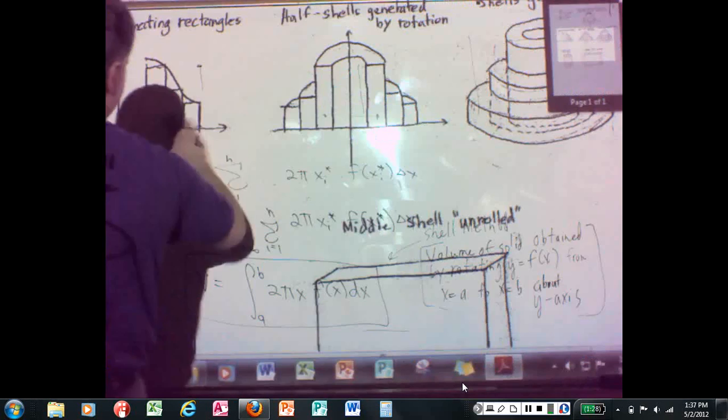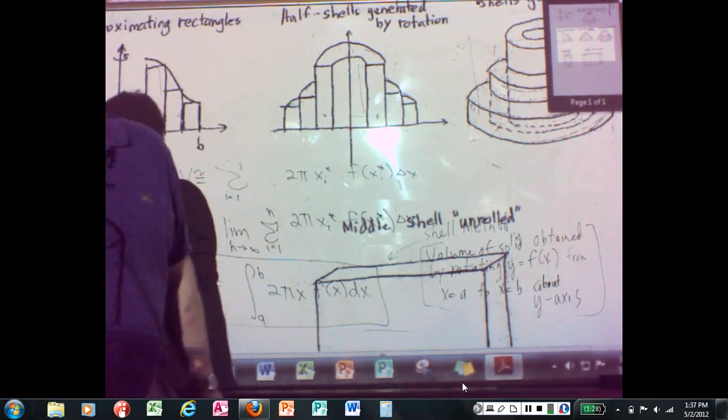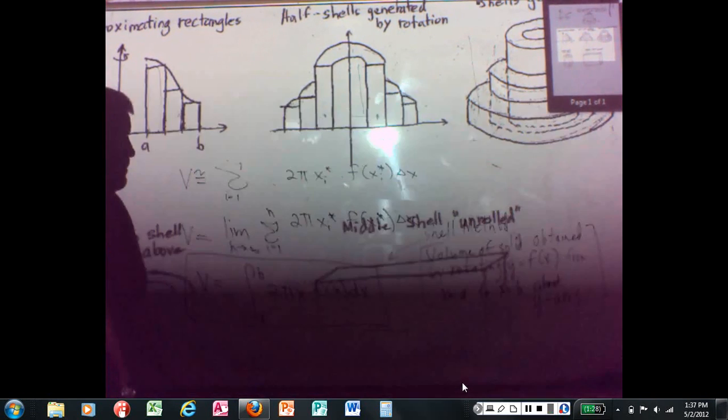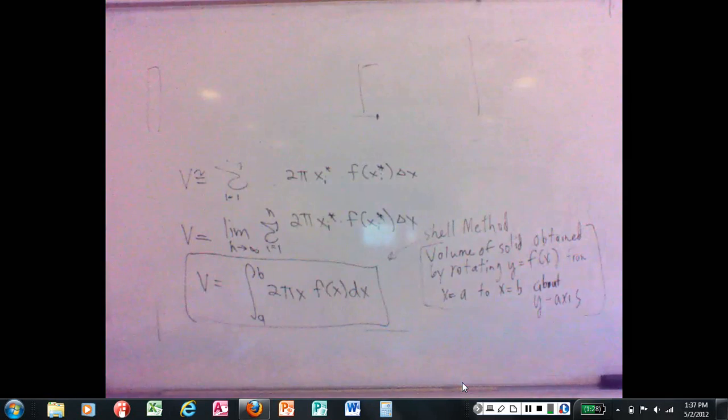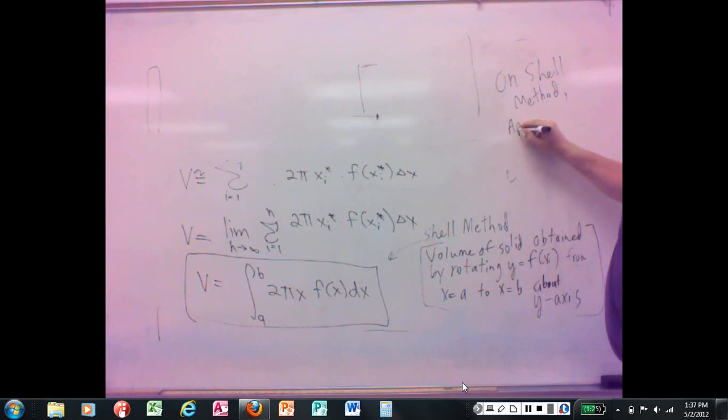We've noted here a couple of times that in the disk method, the rectangles run perpendicular to the axis of rotation. Here, the rectangles are parallel to the axis of rotation, aren't they? So that's kind of the key ingredient on the shell method: the approximating rectangles are parallel to the axis of rotation.